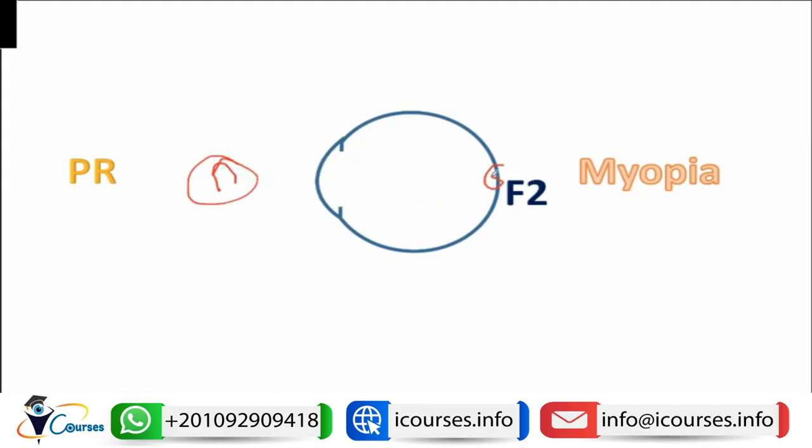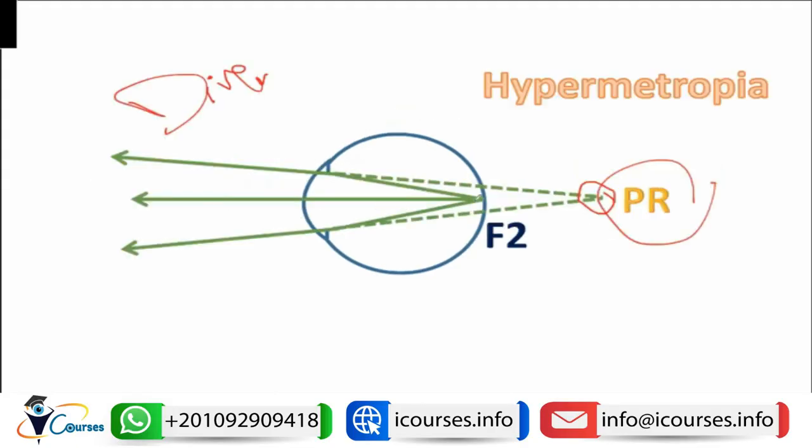So the same thing applies for hypermetropia. Light rays emerging from a point at the F2 will be divergent, and their extension will meet at a point at the punctum remotum.